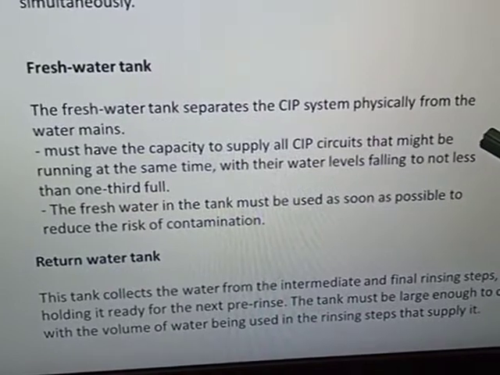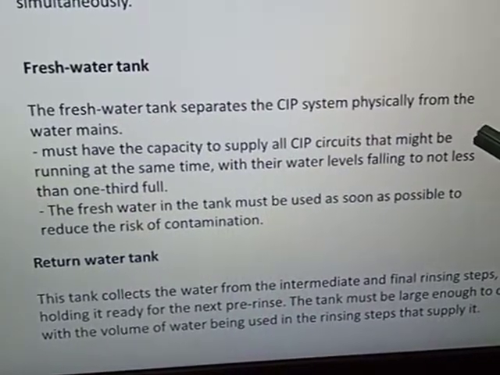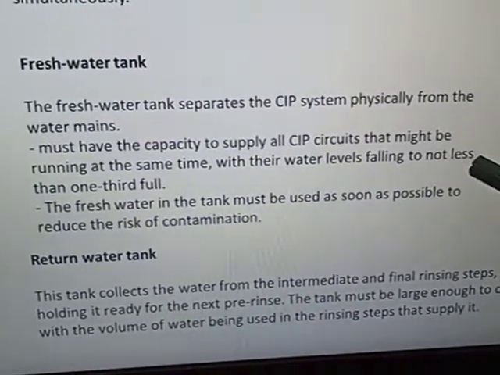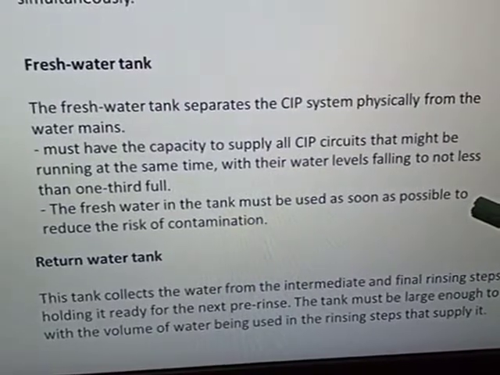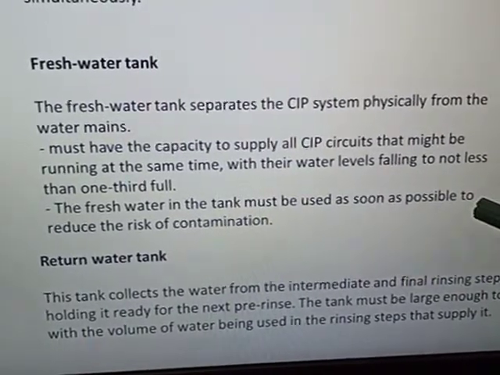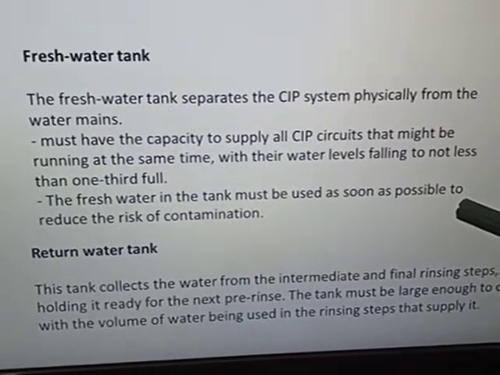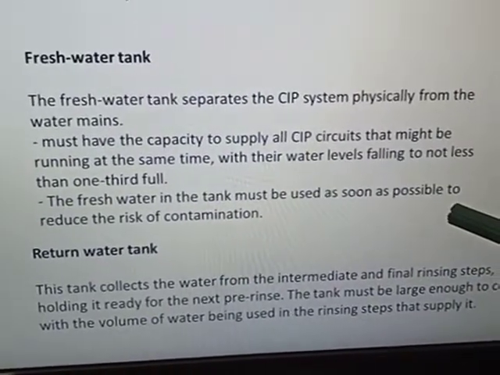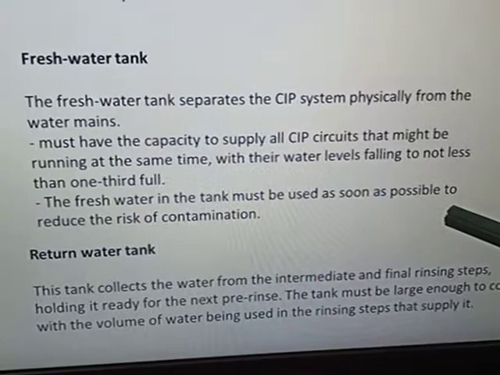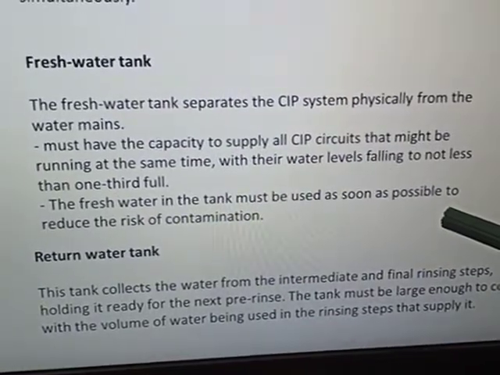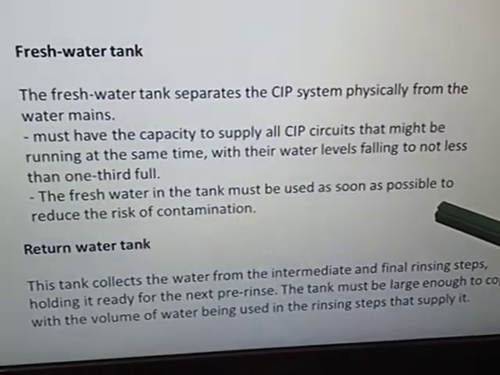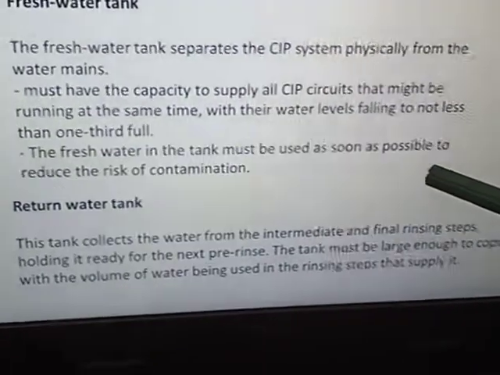It must have capacity to supply all CIP circuits that might be running at the same time, with their water levels falling to not less than 1/3 full. So water must always be there inside the tank. The fresh water in the tank must be used as soon as possible to reduce the risk of contamination. So you don't keep the water inside the tank.